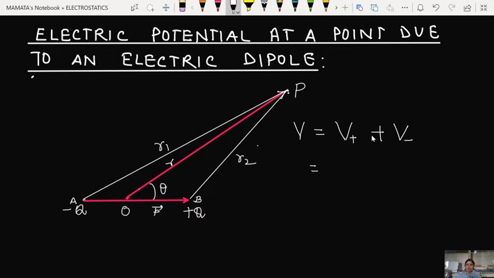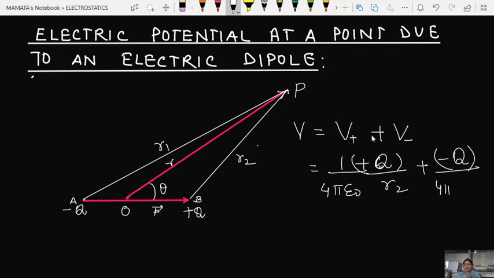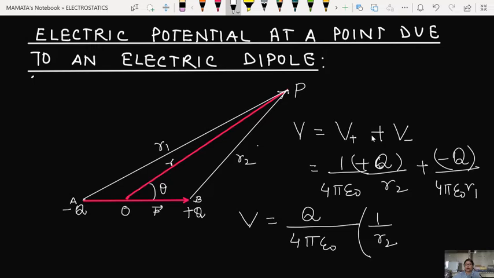After putting the formulas for V plus and V minus, we get V equals plus q upon 4 pi epsilon naught R2 plus minus q upon 4 pi epsilon naught R1. We can write this as q upon 4 pi epsilon naught, and in brackets, 1 upon R2 minus 1 upon R1.